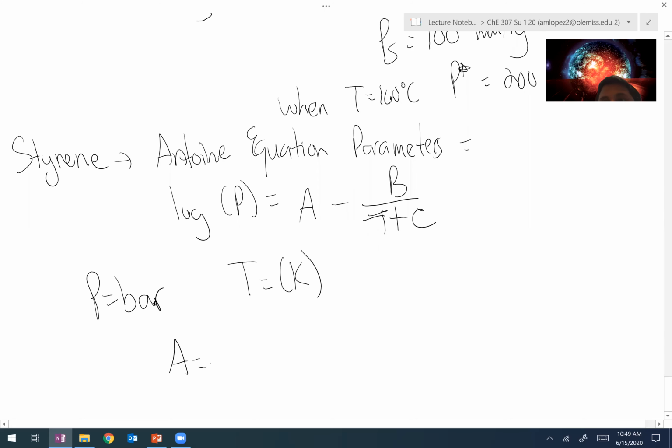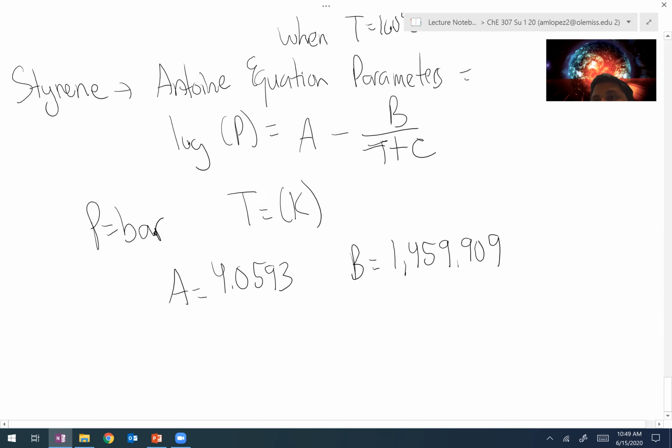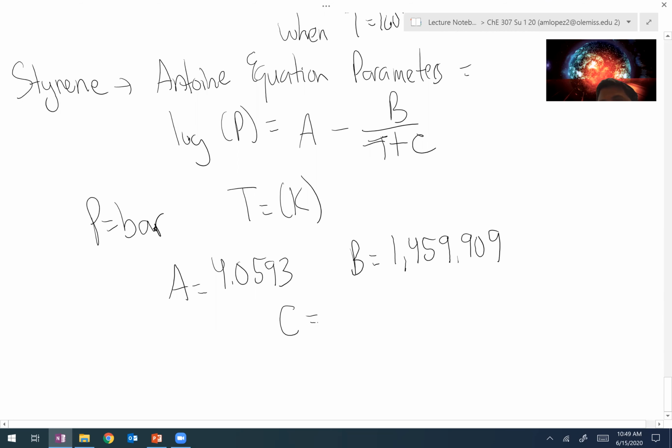A is equal to 4.0593. B is equal to 1,459.909. And C is equal to negative 59.551.